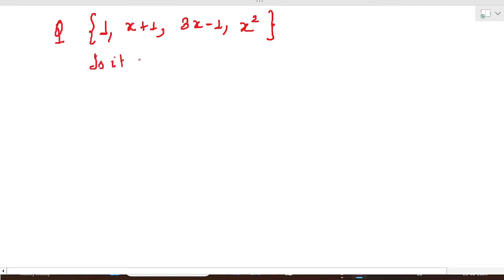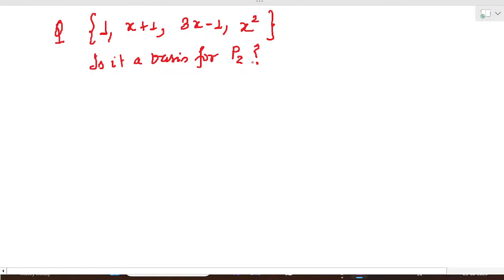Okay, question. Think about this: 1, x plus 1, 3x minus 1, and x square. Is it a basis for P2?